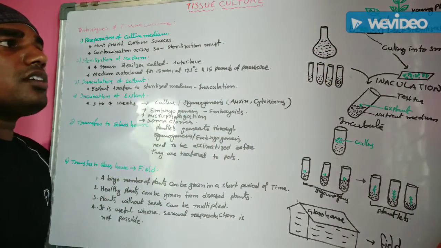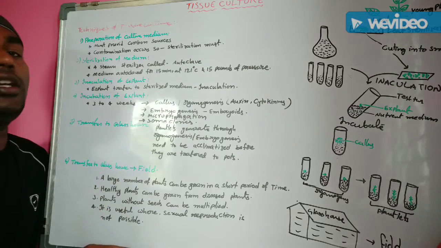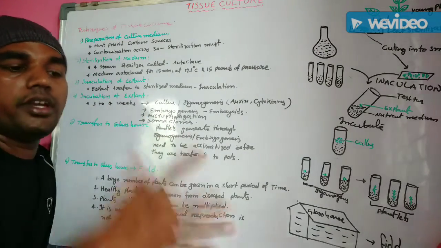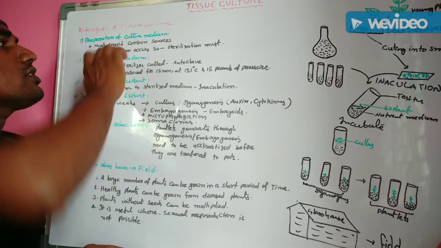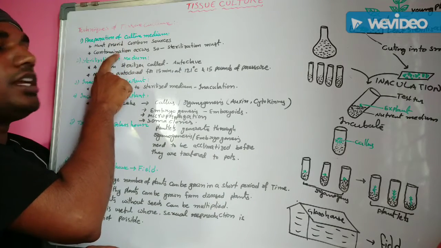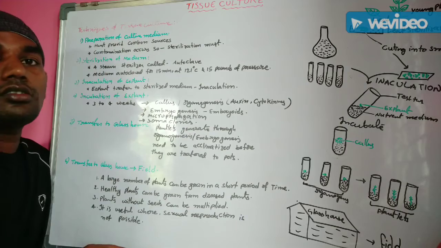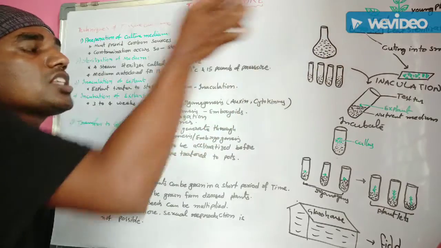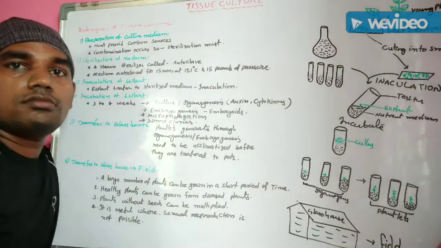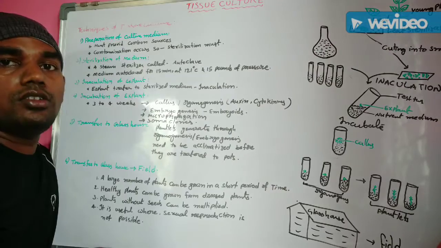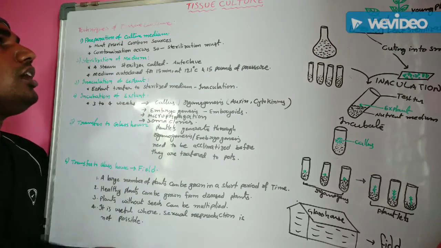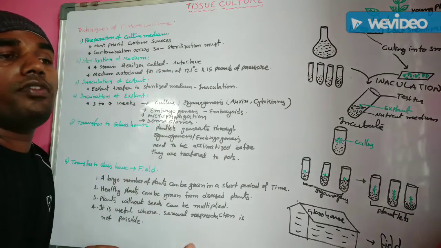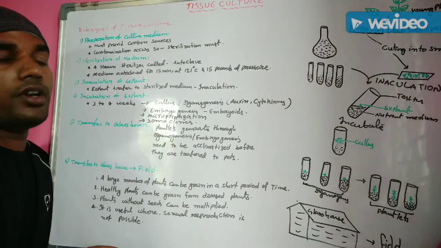So you prepare the culture medium initially. This culture medium contains high nutrients, so some microbial organisms can grow in this nutrient medium, and contamination occurs. Hence the culture medium must be sterilized. Preparation and sterilization of culture medium are essential for the tissue culture program.